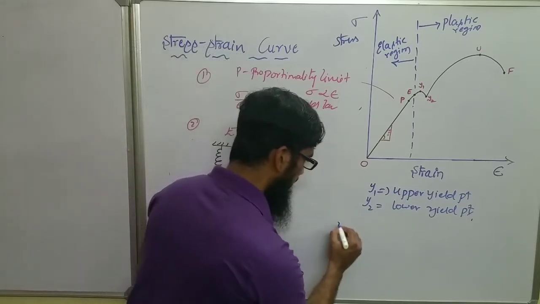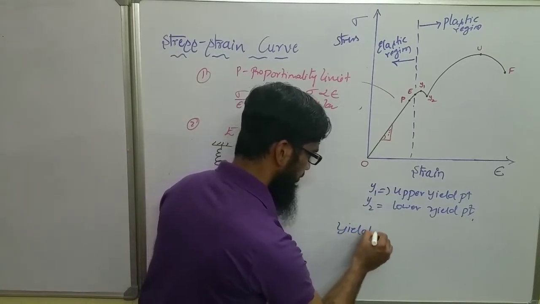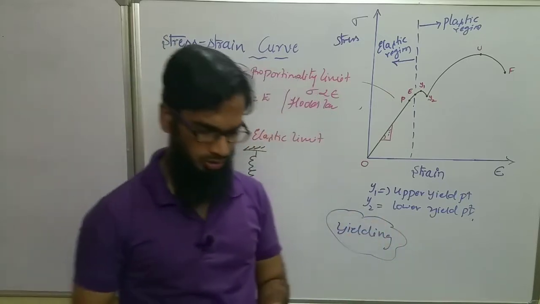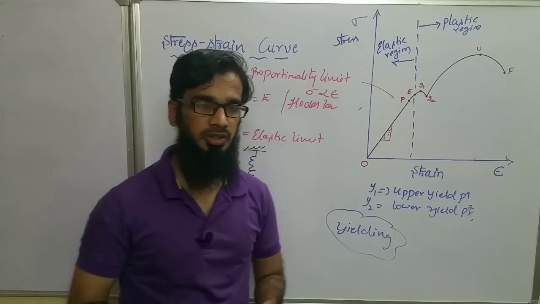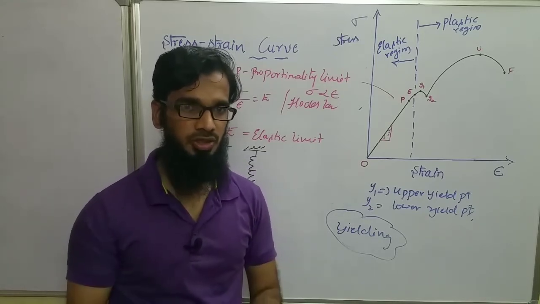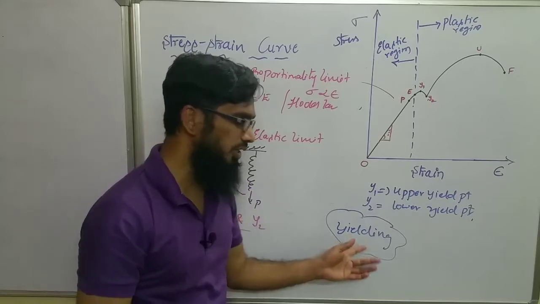Now what is meant by yielding? The very first thing is we should know the meaning of yielding. Yielding is nothing but the material entering the plastic region. That indicates yielding here.